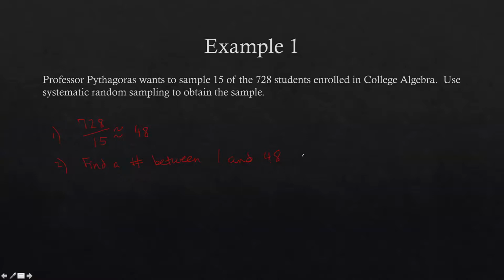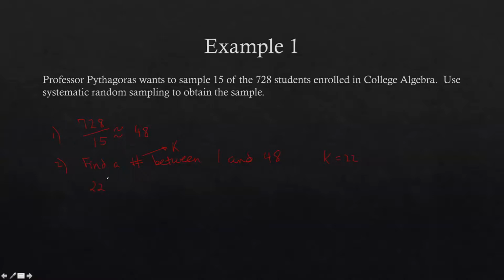This number is called k. I just chose that here, but in practice you wouldn't choose it yourself; you would choose it randomly from a random number table. So 22 would be our starting point.